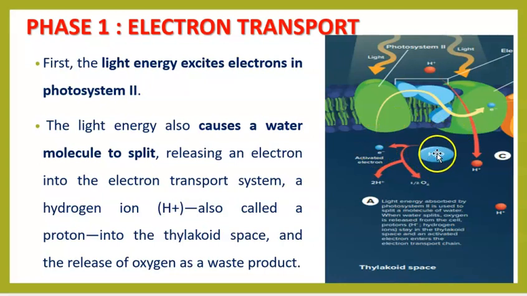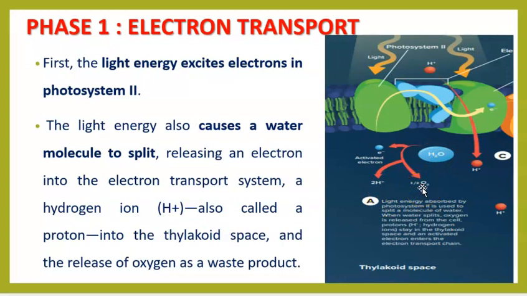A water molecule is splitting into two H plus ions and half an oxygen molecule. The two H plus ions that you are making stay in the thylakoid space, and the oxygen that you are making is a waste product.